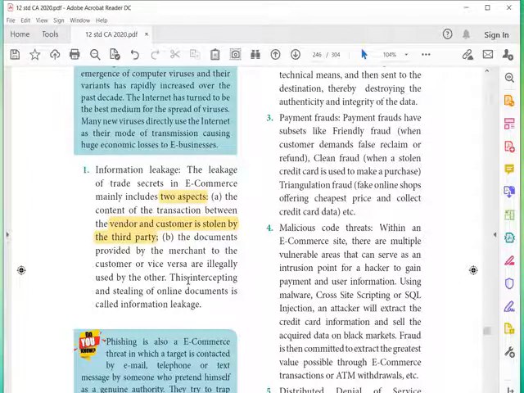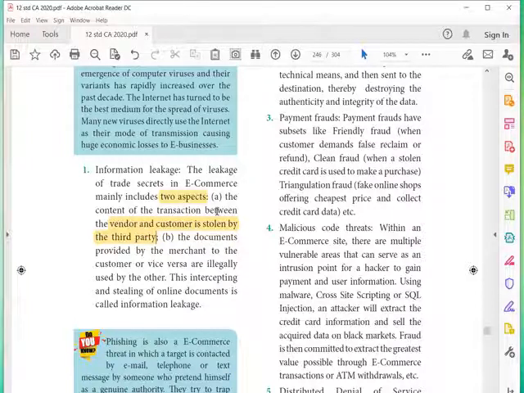Here we must be very careful because the transaction is through the internet. We may think that we have an email ID and that person also has an email ID with a password, so it is secured. But actually it is not always secured. There is always a group of people who are willing to break the security and take the data.